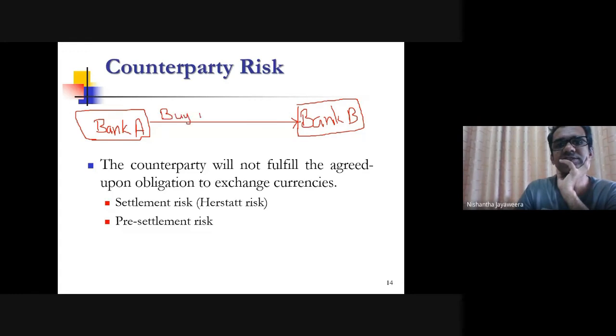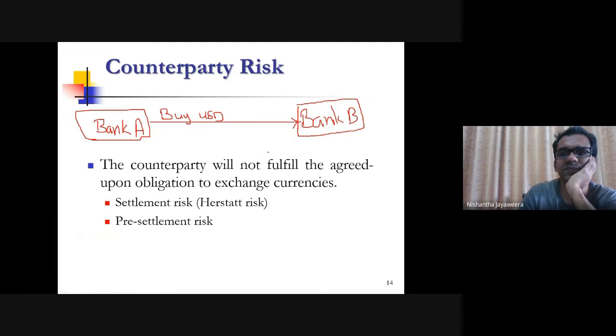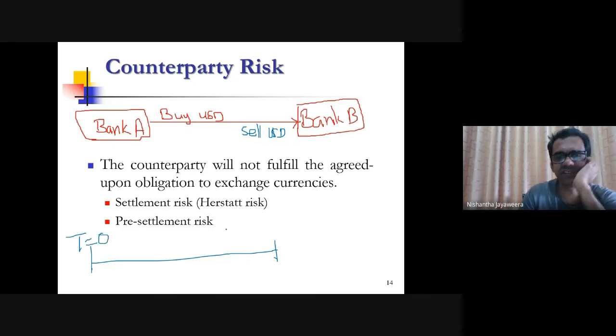Bank A buys USD, Bank B sells USD. You know this. You enter into the transaction today. When do you settle the transaction?